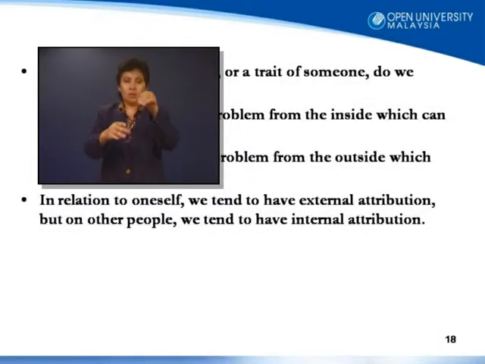Now, in relation to oneself, we tend to have external attribution. But on other people, we tend to have internal attribution. It means that when something happens to us, the first thing that we do, it's very natural, is to blame it on other people. We would blame it on the situation.